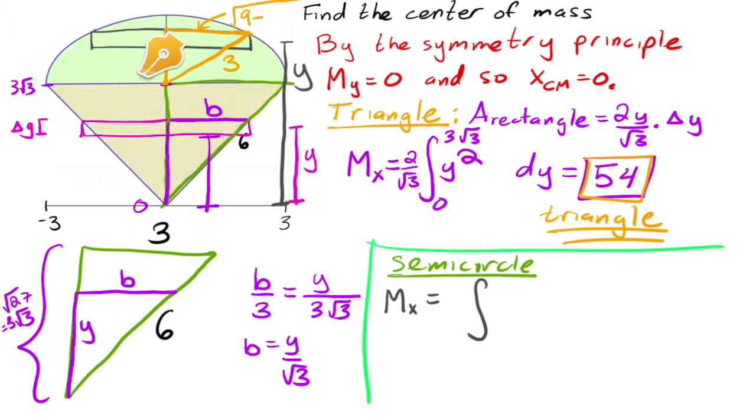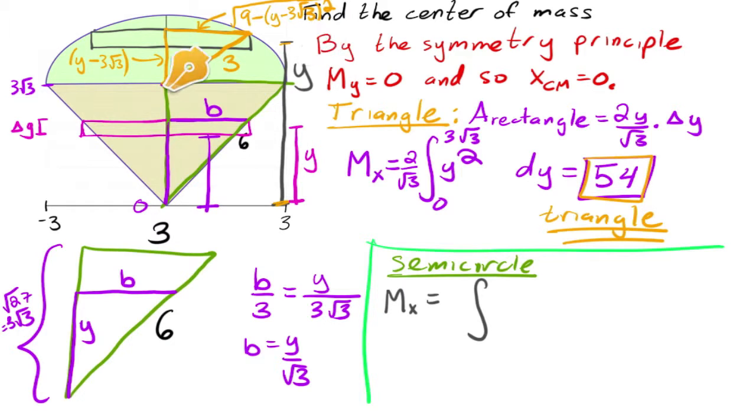Okay, now what's the height of that triangle? Well, the height of that triangle is y, right? The distance from the bottom to the top. This is y minus, and then we'll minus the triangle, so minus 3 root 3. So this is the square root of 9 minus y minus 3 root 3 squared.